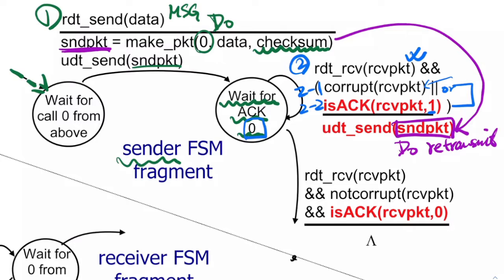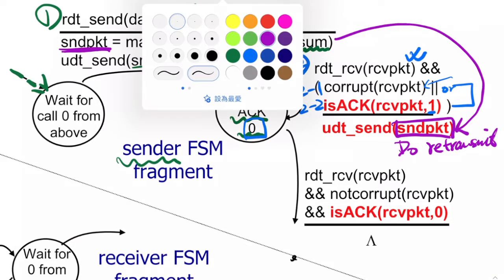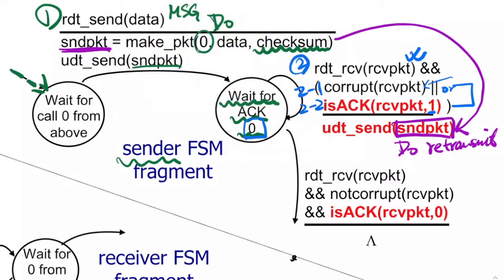We retransmit this data 0 because the receiver gave the sender certain information, but we cannot know what exactly it is, or it is a wrong ACK number, because currently I'm expecting ACK number 0 but I received ACK number 1, or it is a corrupted packet. So I simply retransmit data number 0. Okay.